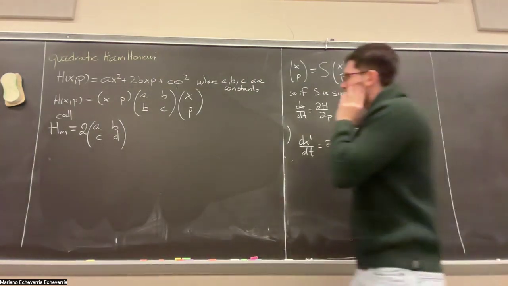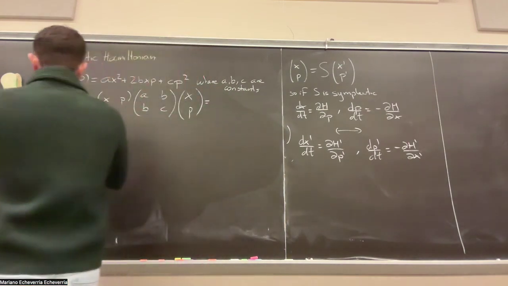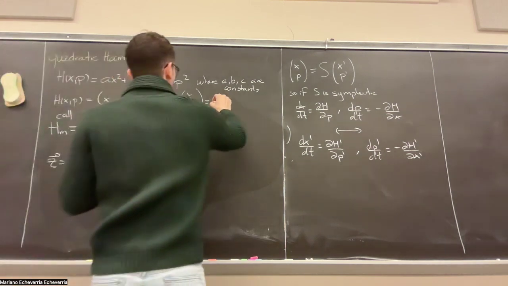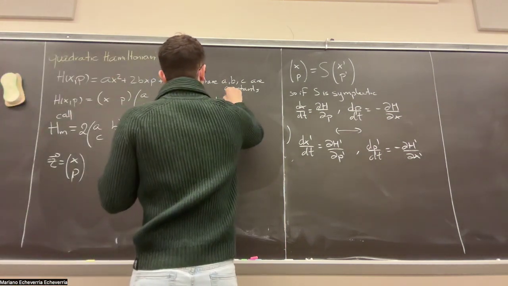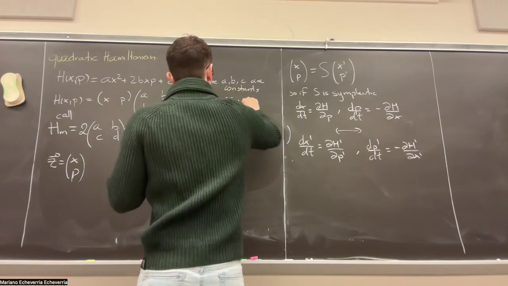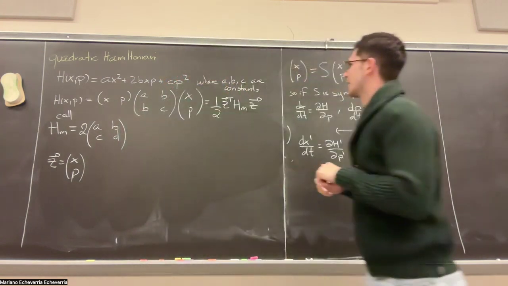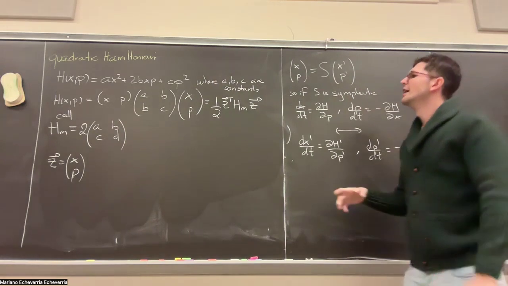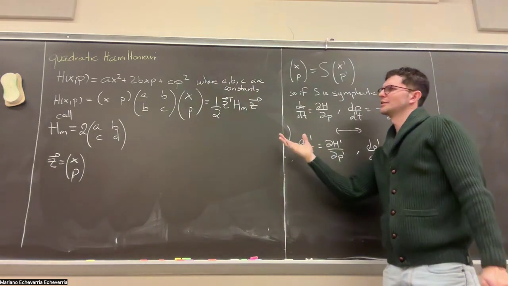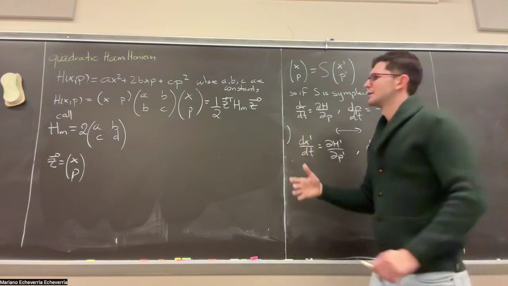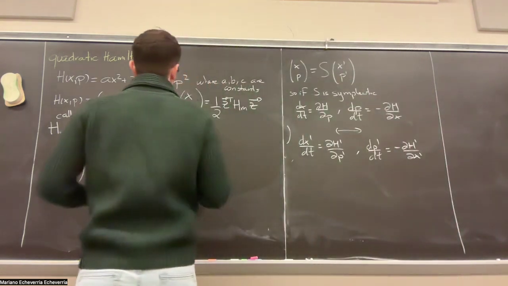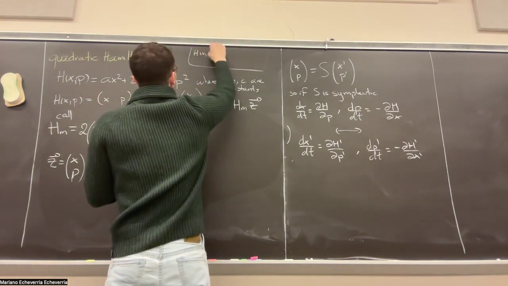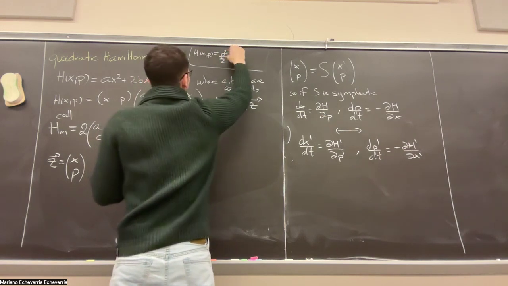So if you write it this way, and call z equal to (x, p), then you can write this as 1/2 z transpose HM z. I need to put in the 1/2 to cancel the 2. It also looks closer to the harmonic oscillator we talked about before, which was p squared over 2 plus x squared over 2.